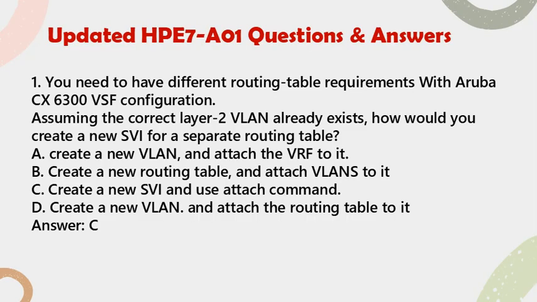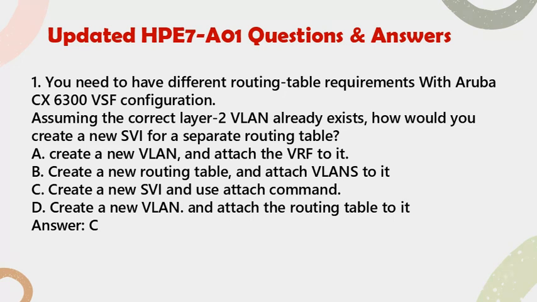1. You need to have different routing table requirements with Aruba CX6300 VSF configuration. Assuming the correct layer 2 VLAN already exists, how would you create a new SVI for a separate routing table? A. Create a new VLAN, and attach the VRF to it.